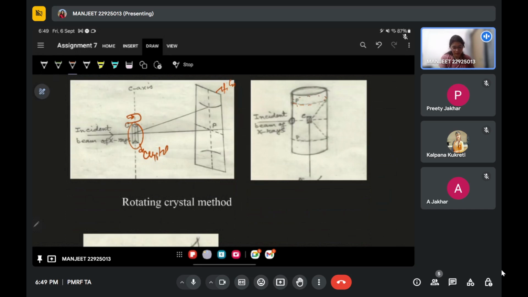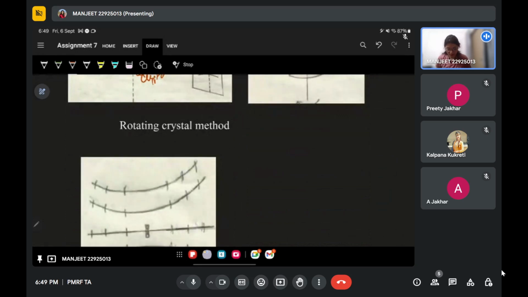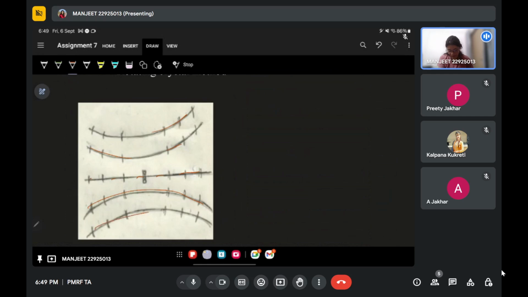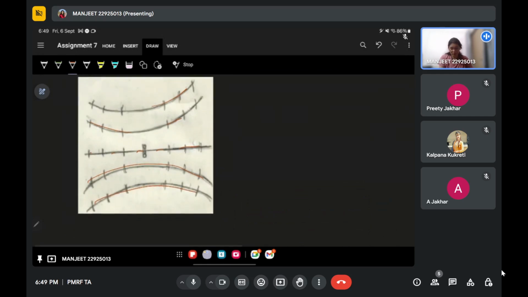At a particular angle, again we have a ring. If we open this up, these are the diffracted beams, not the completely transmitted one, and the pattern for the rotating crystal method will look like this kind of structure.